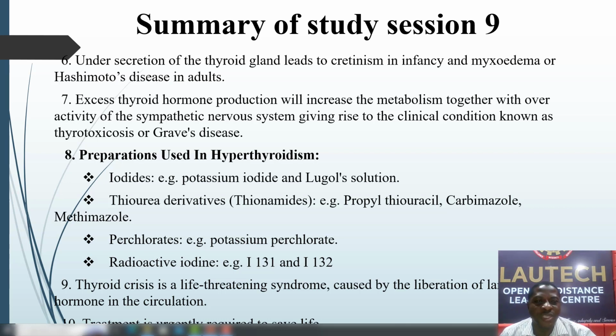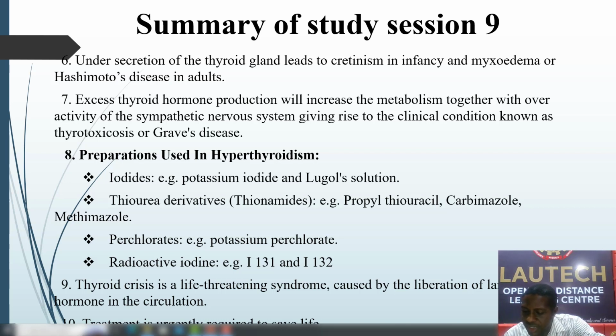Talking about the preparations used in hyperthyroidism, we made mention of iodide, thyroid derivatives, then perchlorate, then radioactive iodine. Last we talked about thyroid crisis, that is thyroid storm. We were able to see that thyroid crisis is a life-threatening syndrome caused by the liberation of large amounts of hormones in the circulation.